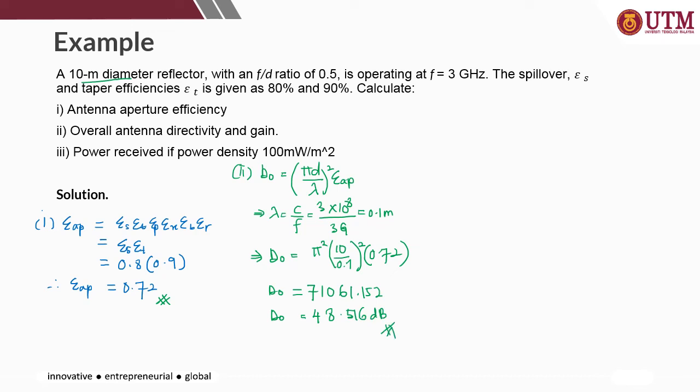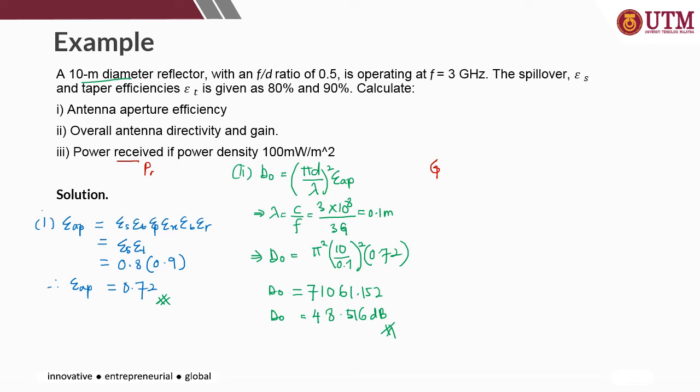And one more is the gain, from the second chapter on the antenna parameters, fundamentals and parameters. I mean the power received PR, we have seen this in the first 2 chapters, in the fundamentals of antenna design.